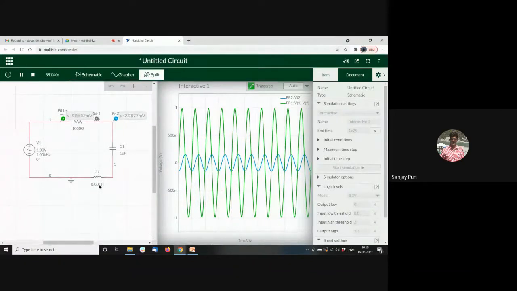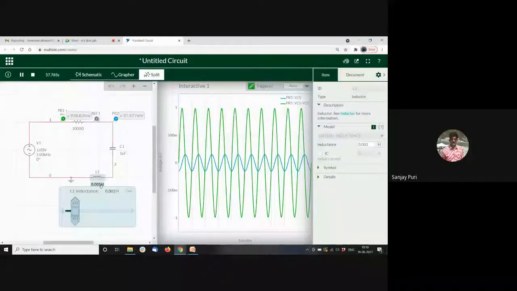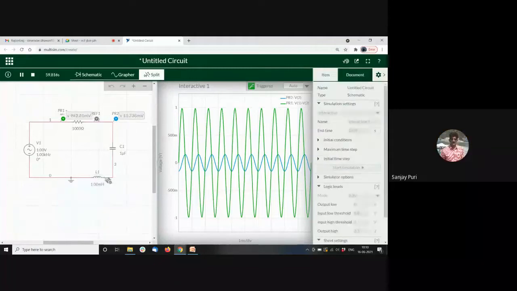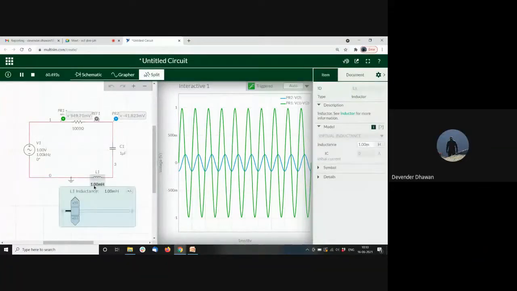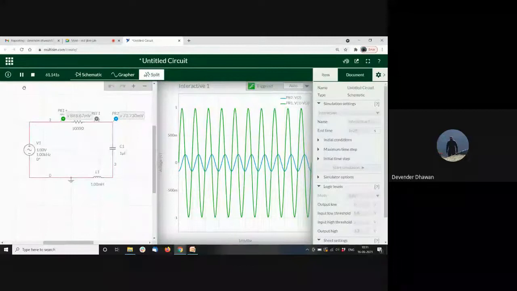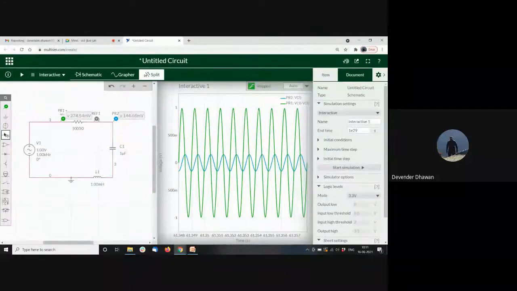The question was, when I was trying to pick up a certain inductor, it was only showing L1, not any value assigned to it, so I was not able to change that value. That should not happen, sir. Maybe some error was there. Generally, when I pick up any component, like a resistance, potentiometer, or capacitor, by default it gives some value.